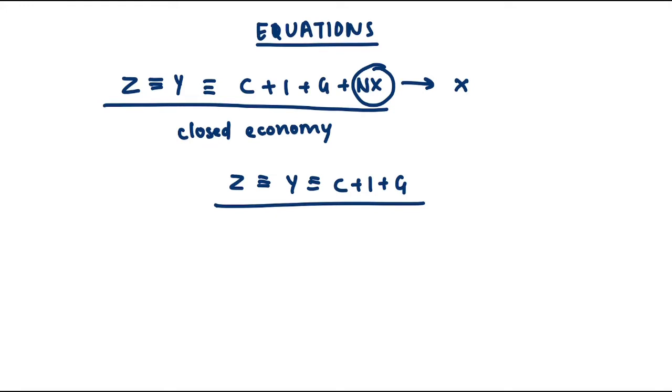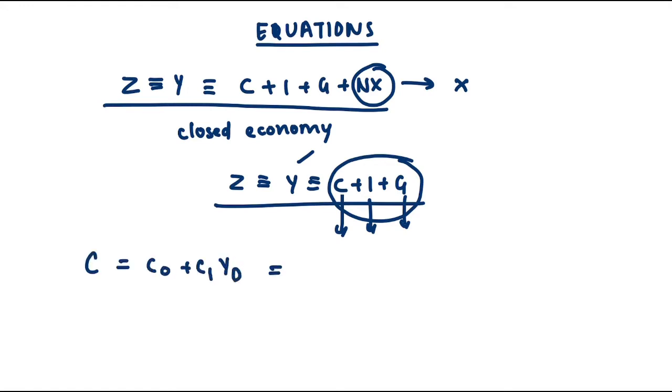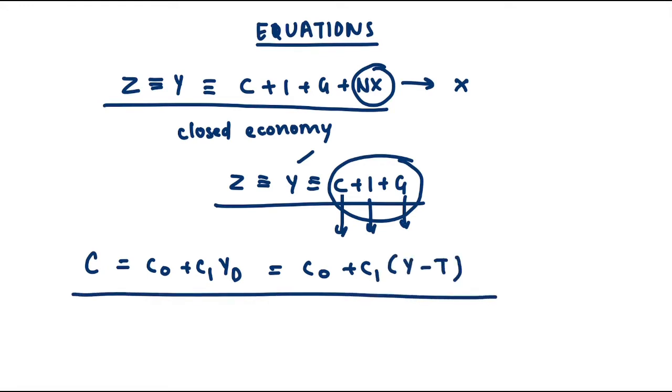Now, all of these three components that enter into the total demand or production equation have their own specifications, and they have certain assumptions placed upon them as well. So when we're talking of consumption, we say that this is the equation of consumption. This can be further simplified as this. So consumption comprises an autonomous consumption part and then MPC times the disposable income.